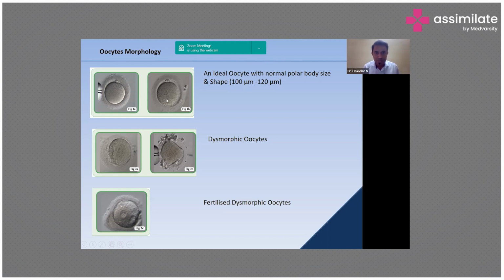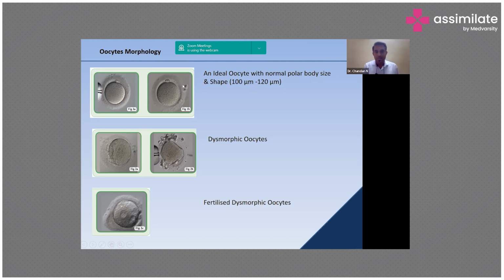Let me take the picture on the right-hand side. You have the zona pellucida, the ooplasm, and a polar body. So these are three important things: the zona, the ooplasm, and the polar body. Apart from that, you have the perivitelline space, so four parameters.